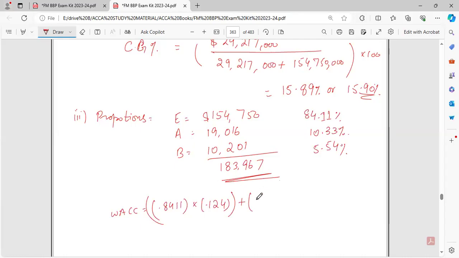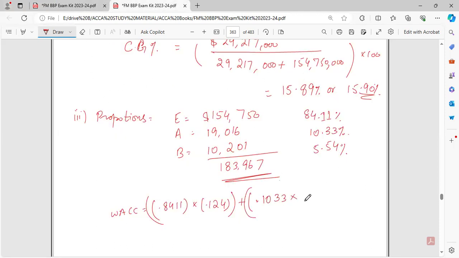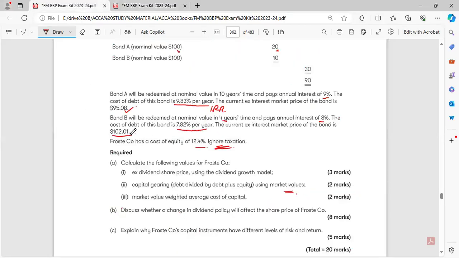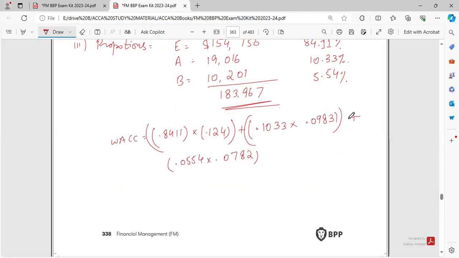So for bond A, proportion is 0.1033 into 0.0983 plus bond B 0.0782.